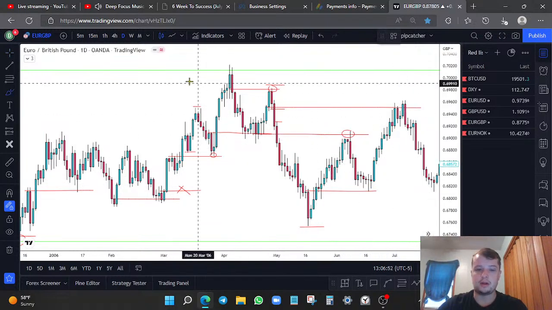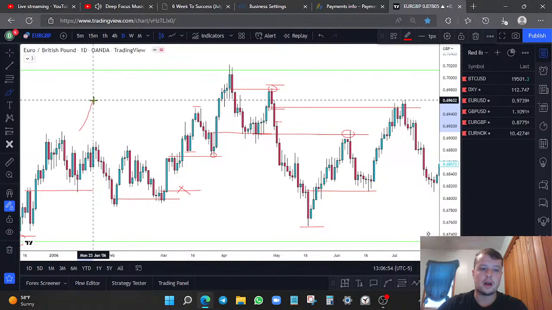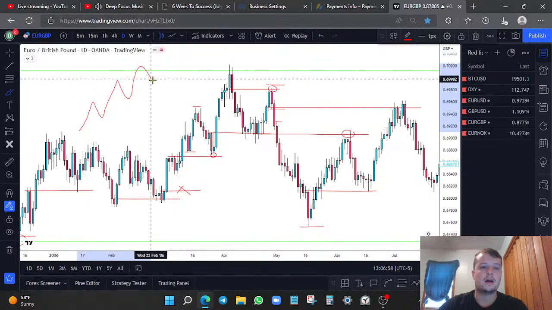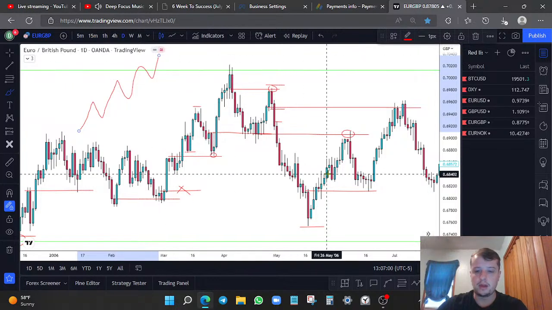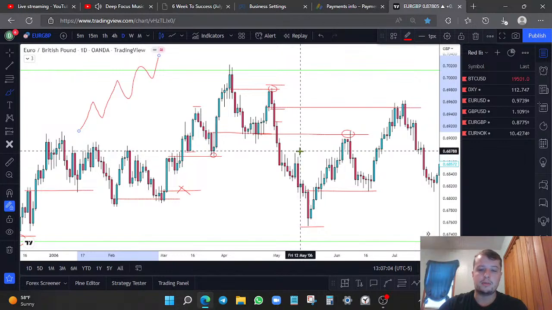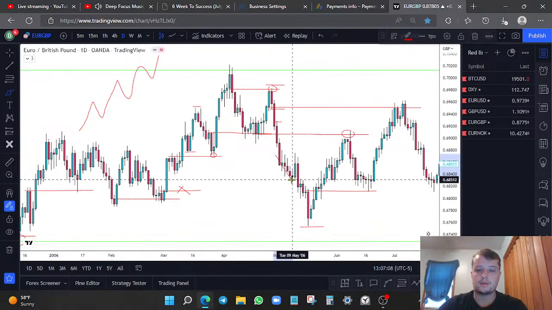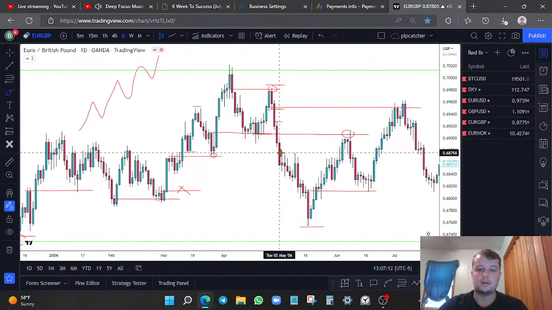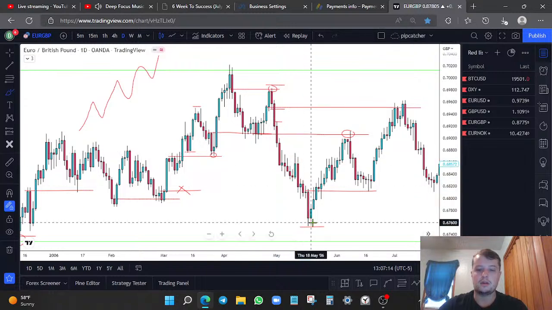Well, if we look at structure: higher high, higher low, higher high, higher low, higher high, higher low. So this is our shift, right? Where's the last clear bit of buying? Right here. Price comes down, gives us a high, and then a low: lower high, lower low.